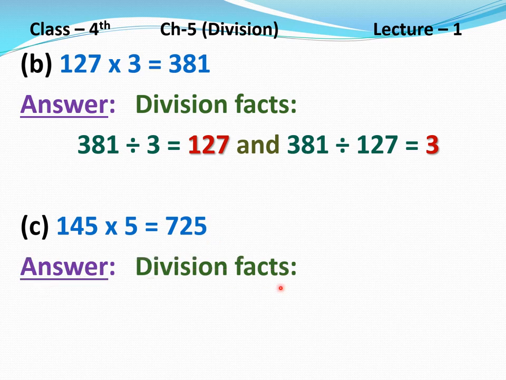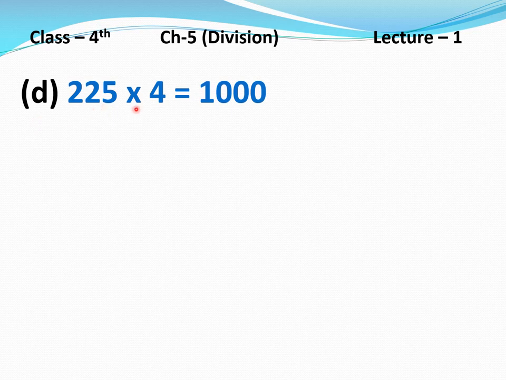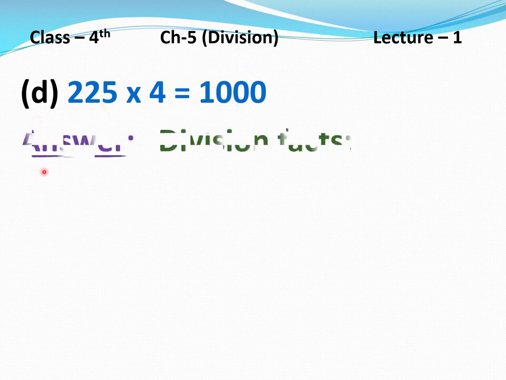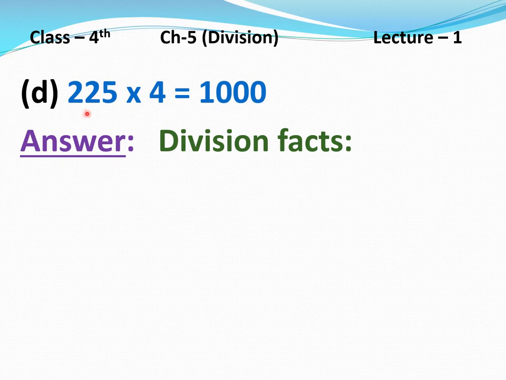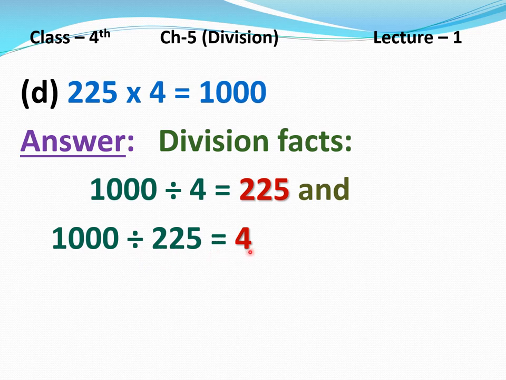Answer, division facts for 145 multiply 5 equal to 725 are 725 divide 5 equal to 145 and 725 divide 145 equal to 5. Okay. Now D part. 225 multiply 4 equal to 1000. Answer. Division facts for 225 multiply 4 equal to 1000 are 1000 divide 4 equal to 225 and 1000 divide 225 equal to 4.